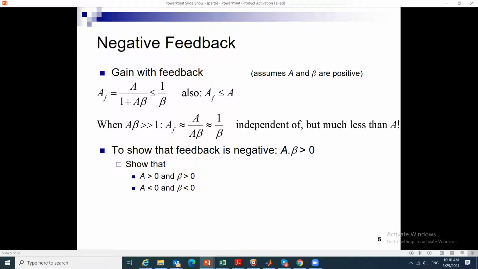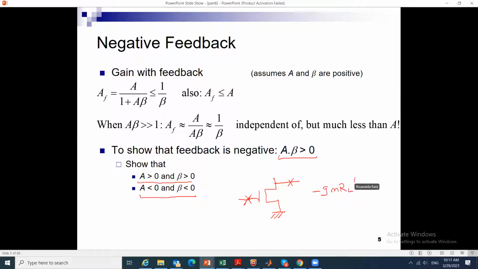Now, to show that the feedback is negative, we need to have A beta positive. Either A and beta are positive, or A is negative and beta is negative. I'll give you a simple example. If I have a common source amplifier, we know that the gain from this point to this point is minus GM RL prime.